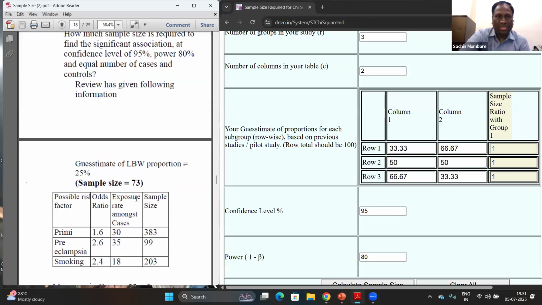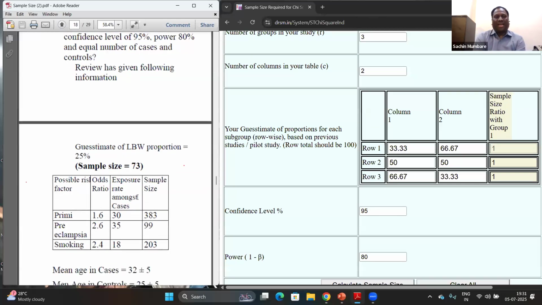Now, please use this information and calculate the sample size for both of these objectives. Number one, estimation of proportion within 10% of the true value, and number two, identification of significant risk factors.